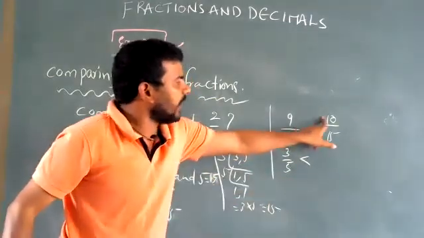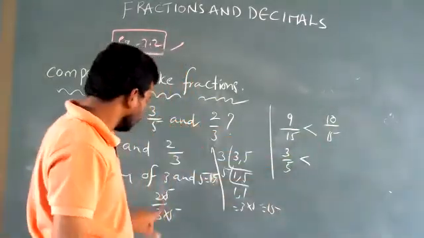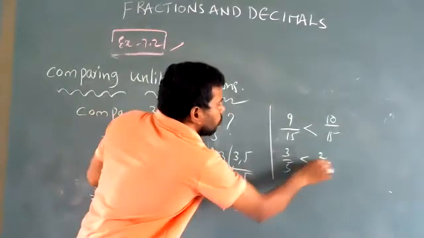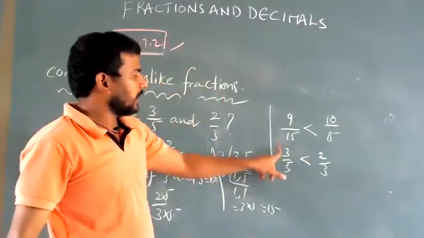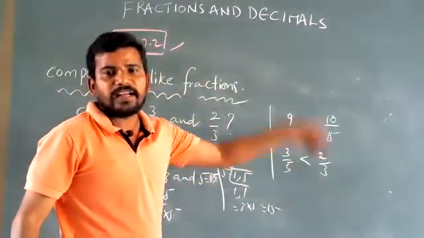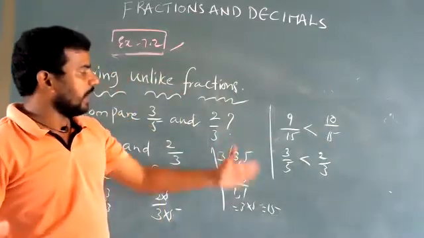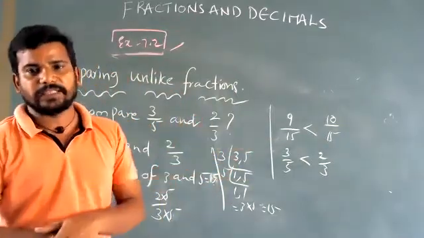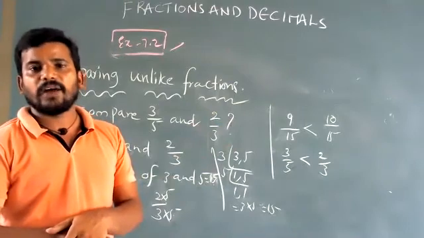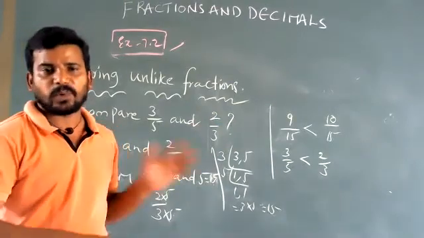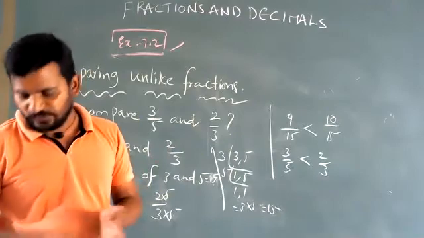What is the equivalent fraction of 10 by 15? That is 2 by 3. Now we can say 3 by 5 is less than 2 by 3. That is the process of comparing unlike fractions.